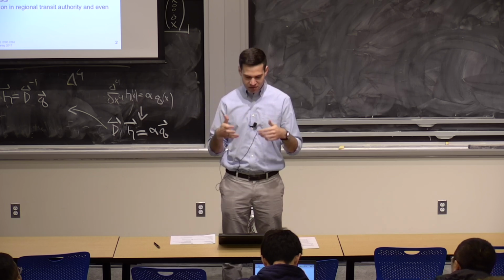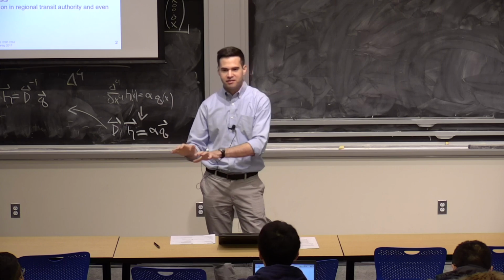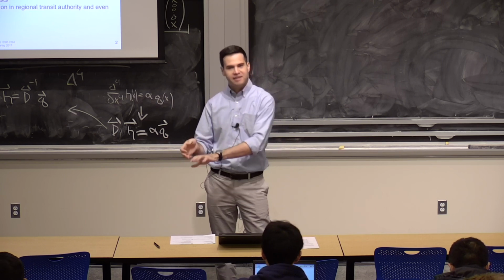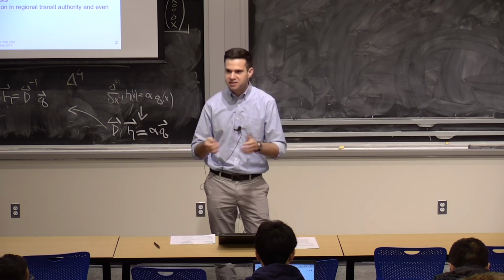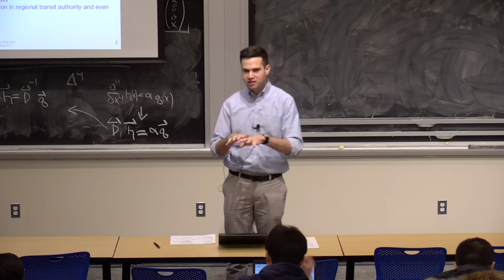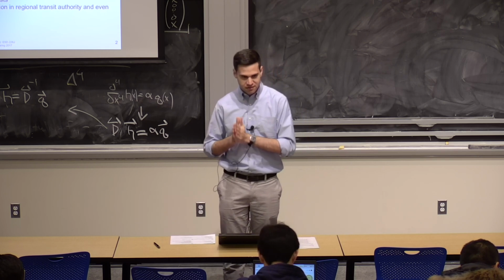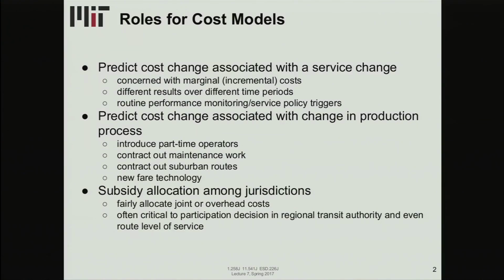So you might have a data collection to figure out how many people are taking buses from each of the jurisdictions, and then you need a cost allocation model to take all of the costs, including the things that are more obvious, like the bus hours that operate in those jurisdictions, but also things that are not directly connected to that jurisdiction, such as administration costs and facility maintenance and those things, right? So all of that needs to be allocated to each jurisdiction so that the costs can be evenly or fairly split. And doing that right is critical, often even for the decision to participate or not in this program.